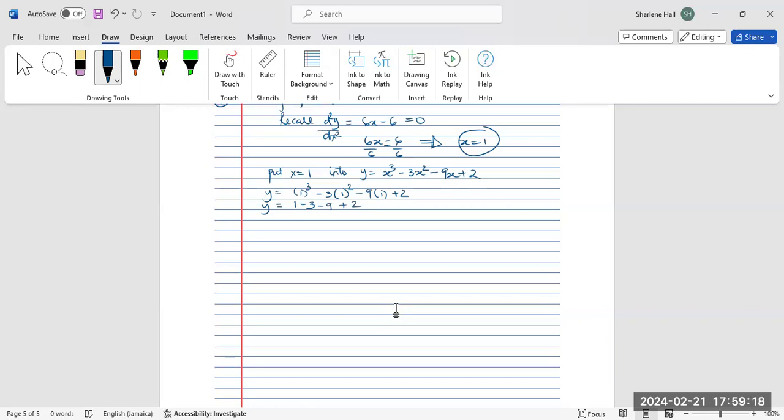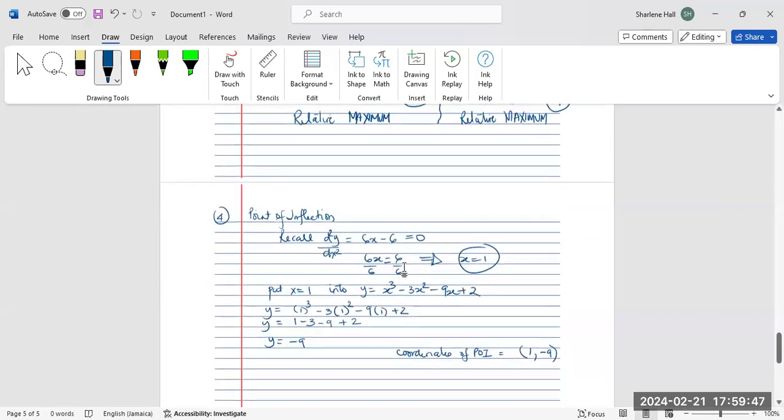Negative 12 plus 2 is negative 10. Negative 10 plus 1 is negative 9. You get that? Yes, sir. So the coordinate of the point of inflection is 1 comma negative 9.